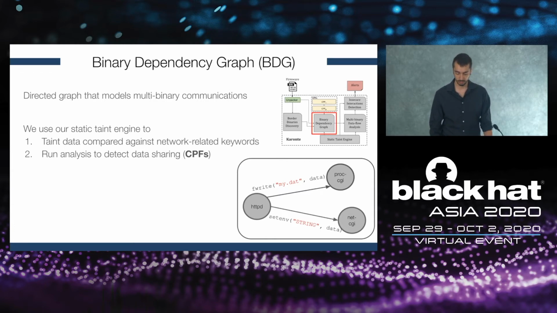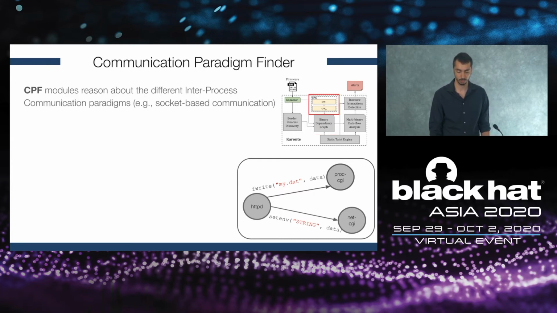In particular, for this second step, we use a set of modules that we call the CPFs, or Communication Paradigm Finders. Each one of these CPFs analyzes each basic block in the taint analysis and understands if the logic of the basic block suggests that some data has been shared with other binaries.